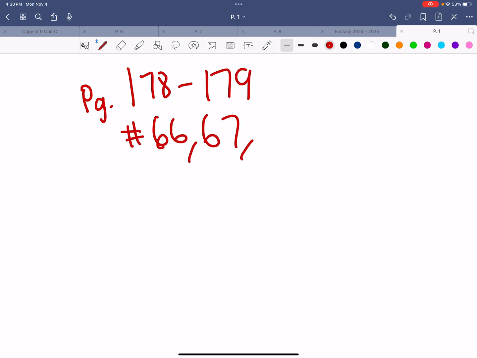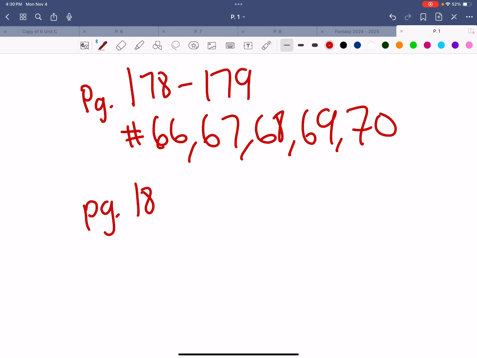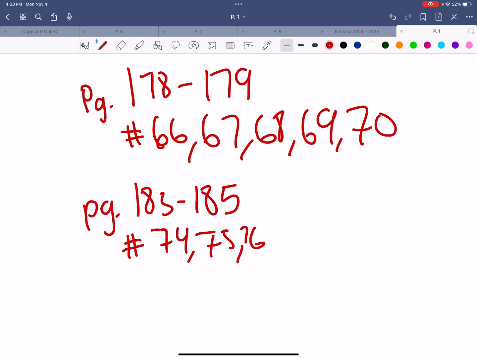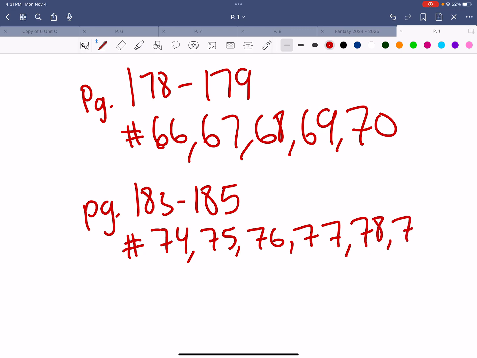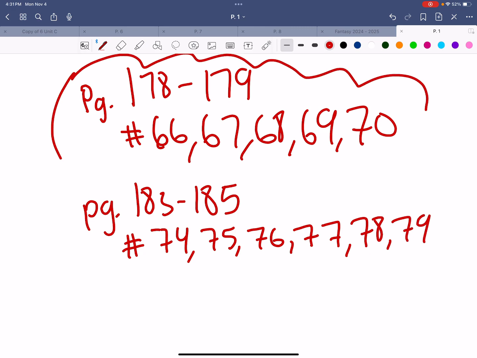You also need to do the problems on page 183 to 185, and the problem numbers are 74, 75, 76, 77, 78, and 79. The rest of class time, that's what you're working on. I'll see you tomorrow.